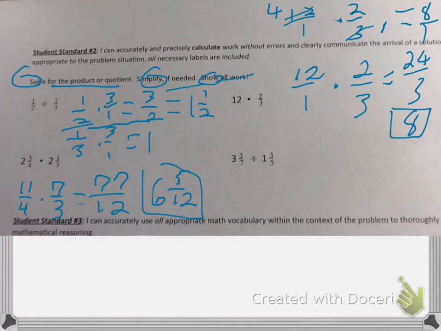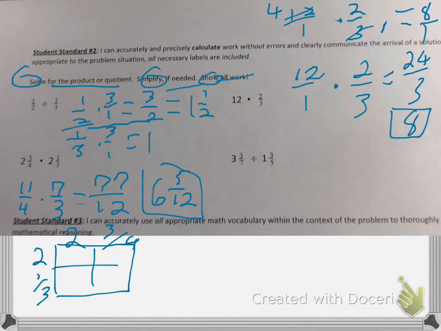Another way is by using partial products. So I have 2 3/4 multiplied by 2 1/3. So we multiply each part by the other counterpart and then add things together.